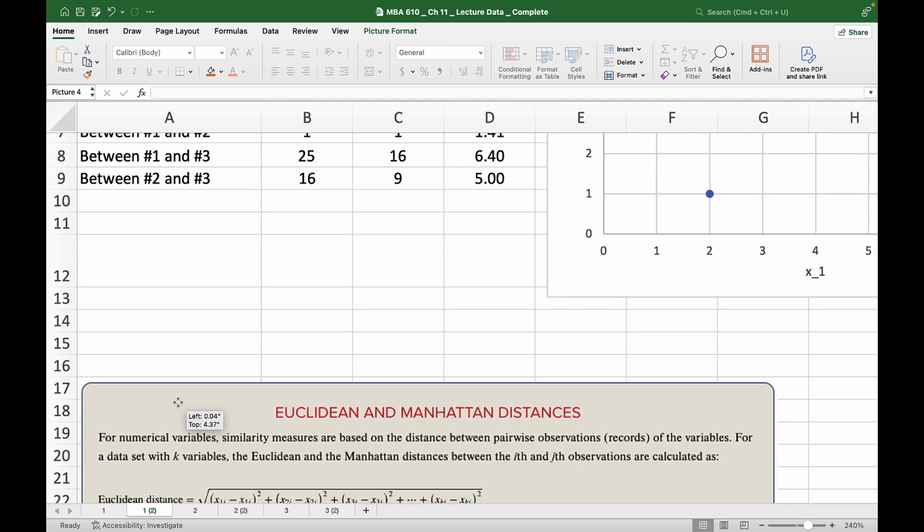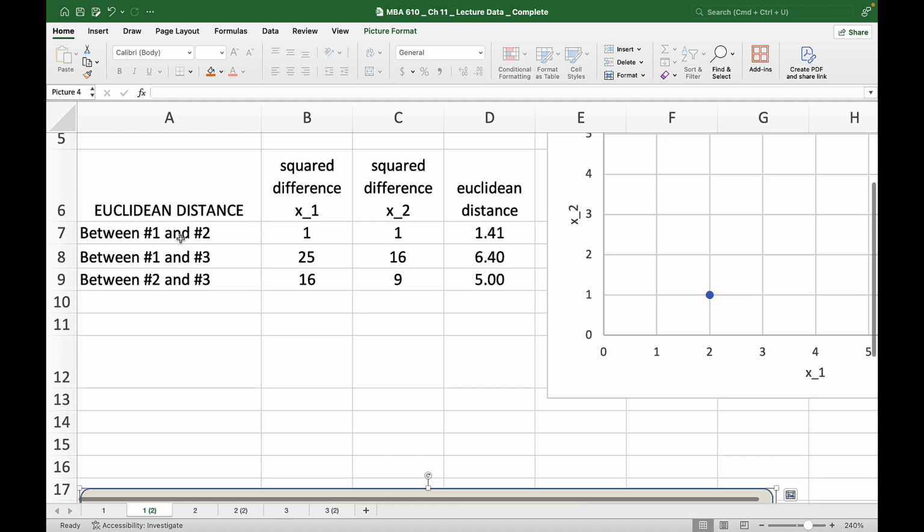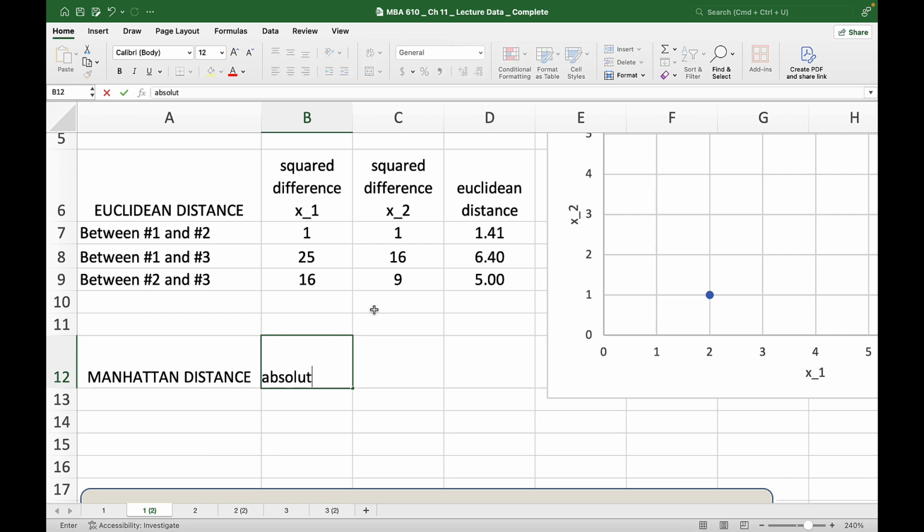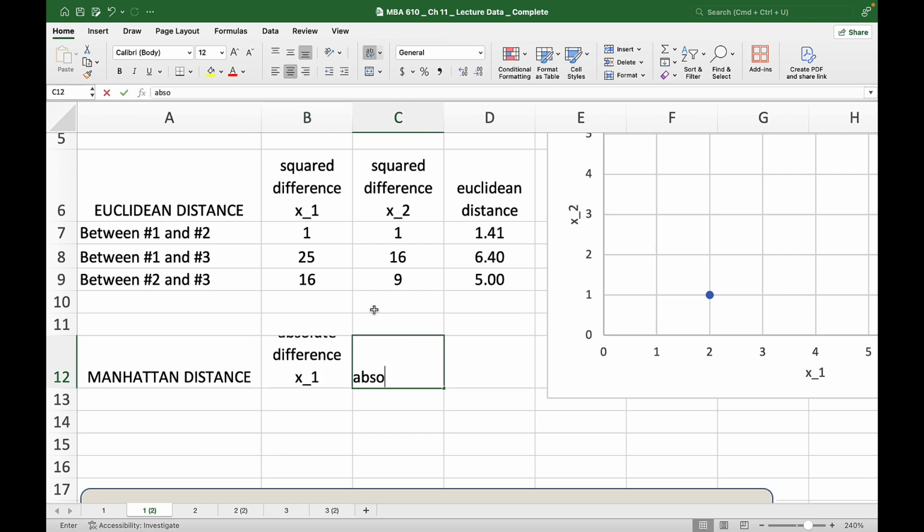So to calculate the Manhattan distance, I'm going to set up a box that's going to be very similar to this. Manhattan, and this is going to be the absolute value. I'm just going to call it the absolute difference with regard to x1, and then this is the absolute difference with regard to x2.